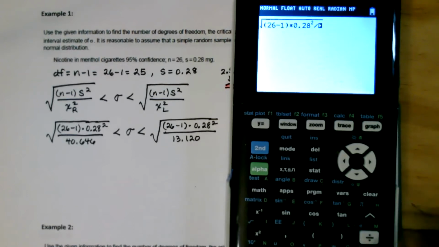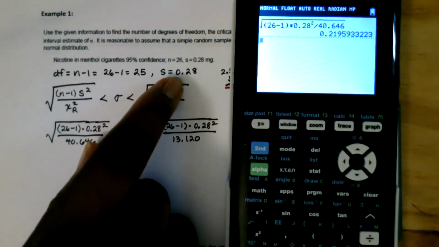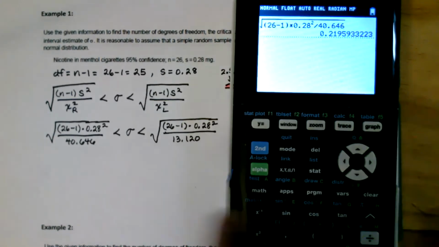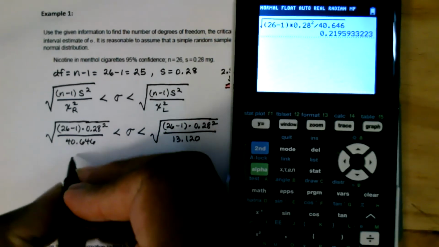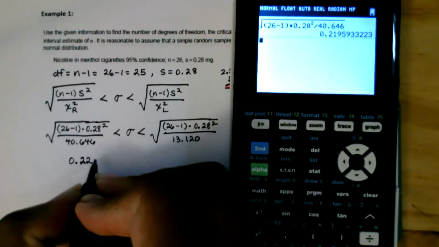And then that's going to be divided by 40.646. And then hit enter. Now, our sample standard deviation is to 2 decimal places. So the upper and the lower limit needs to be rounded to 2 decimal places. So 0.219 rounded to 2 decimal places will be 0.22.